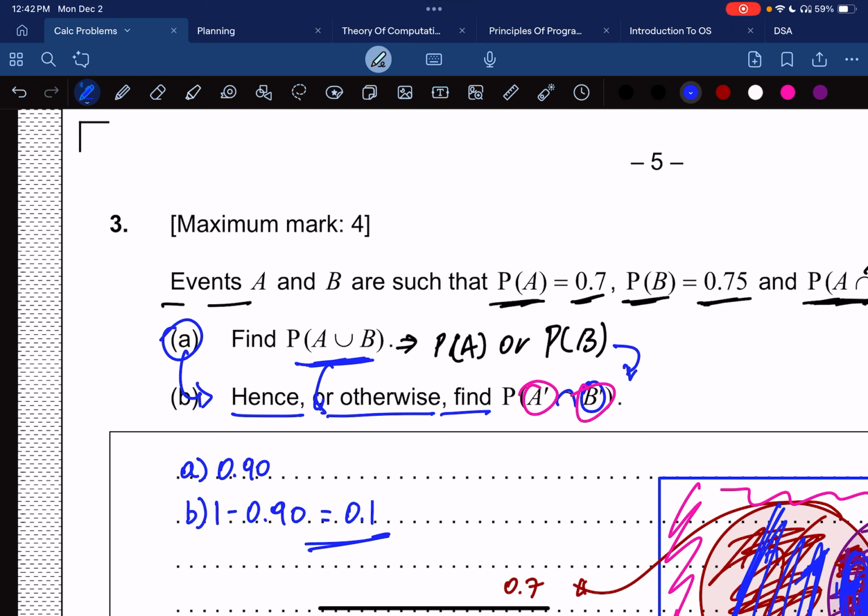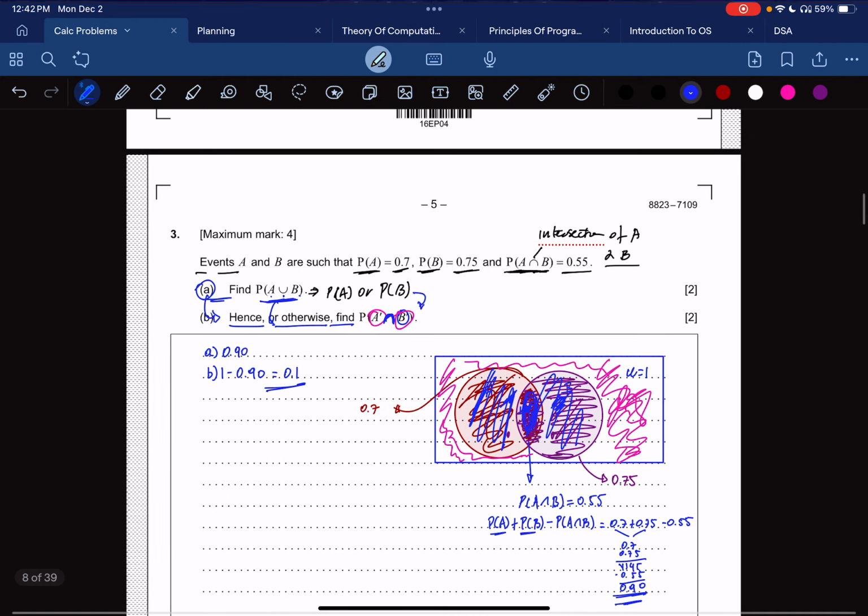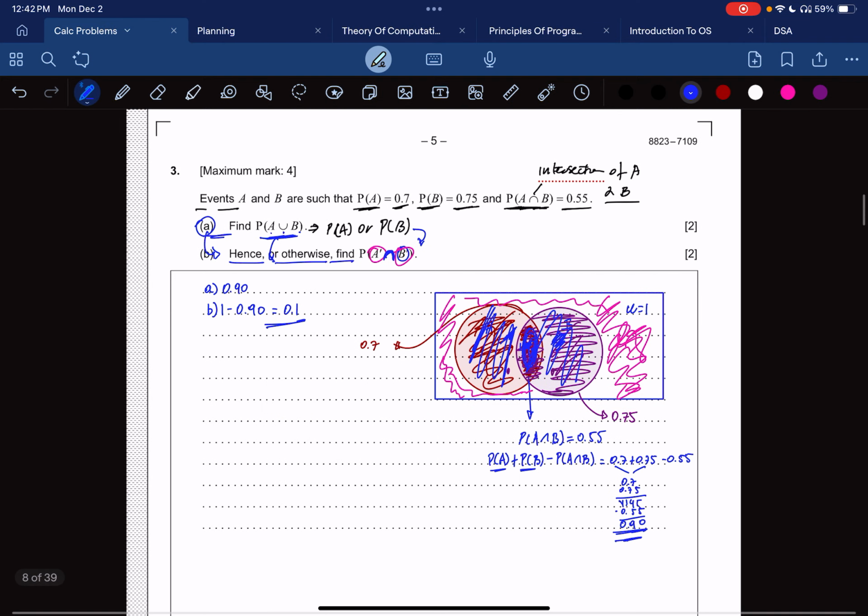If the question says hence or otherwise find P of A minus P of A intersect B, you need to make sure that you first find the P of A or B before you find the other answer. So that was just a tip that I learned from IB as I was doing all of those questions. But feel free to do whatever you want to do. If it works for you, it works for you.